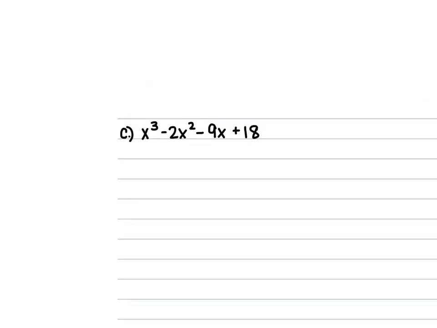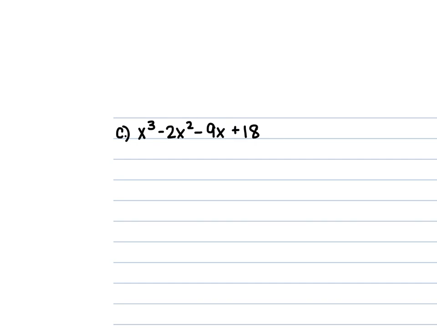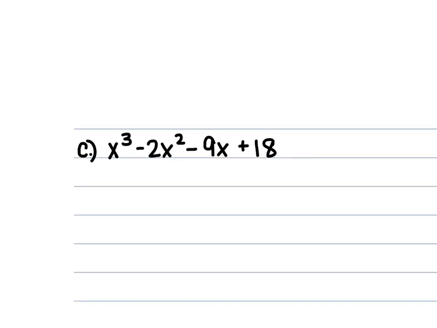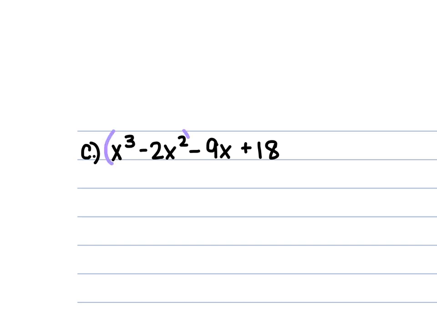If we look at example C, we have x cubed minus 2x squared minus 9x plus 18. So again, put parentheses around the first two terms and then around the second two terms. The x cubed minus 2x squared shares a common factor of x squared, so we'll pull that out. The negative 9x and the positive 18 share a common factor of negative 9, so we'll pull that as well.